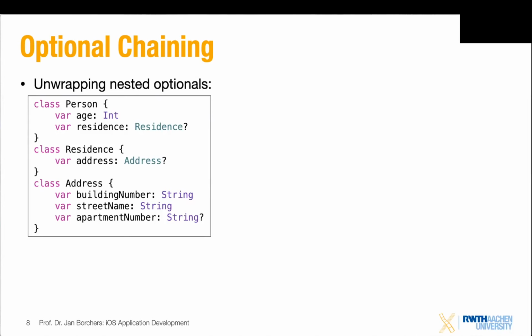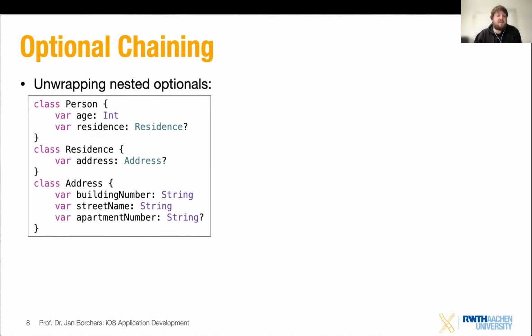If the address didn't have a question mark at the end, would the address attribute also be an optional? You mean whether the address of the residence is an optional? That is an optional here as well, because we have address with the question mark. That declares that it is an optional.